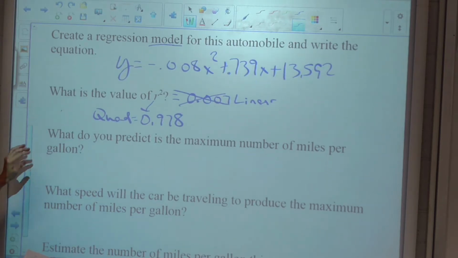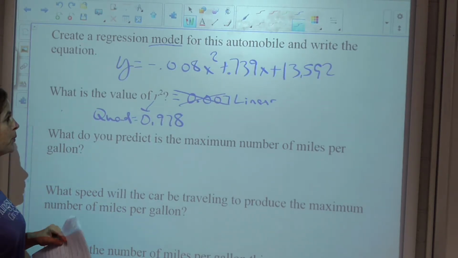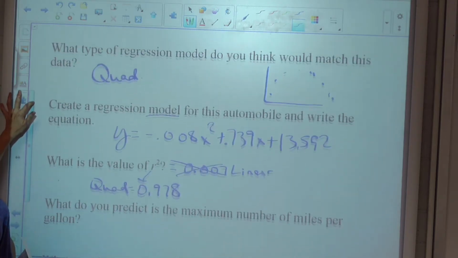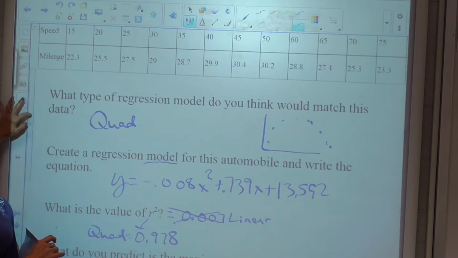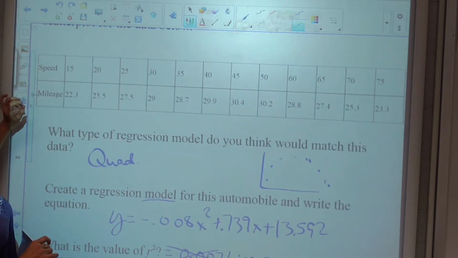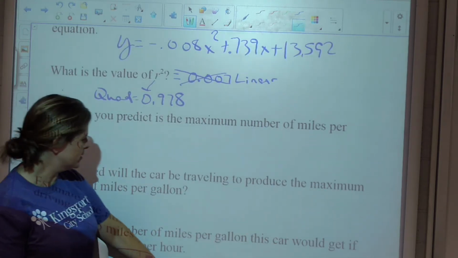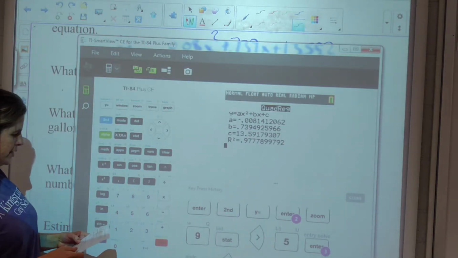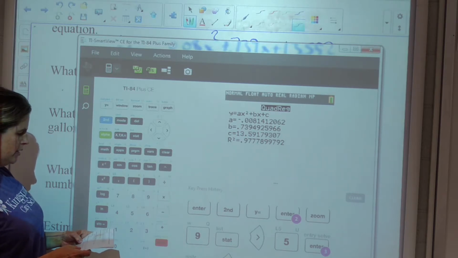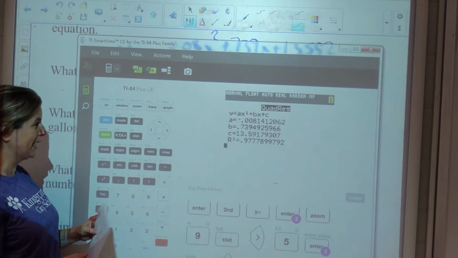They want us to make the predictions for the maximum number of miles per gallon. So those predictions, remember, since we saved the model, we can simply go to the calculator, and they want us to estimate the maximum number of miles per gallon.